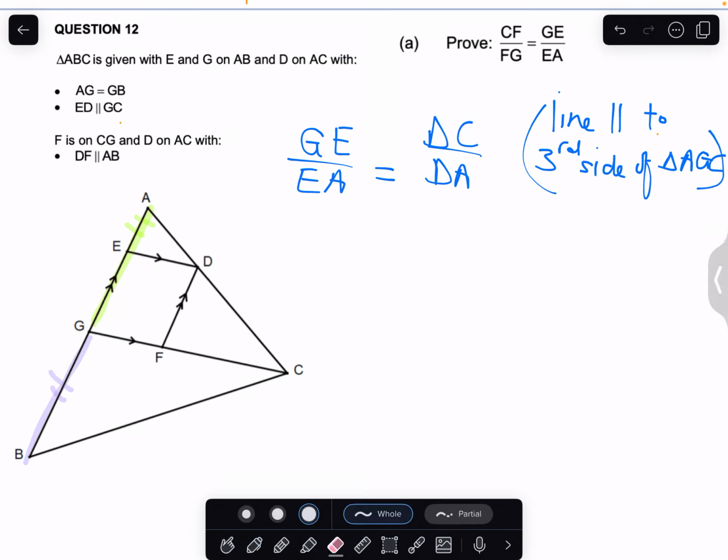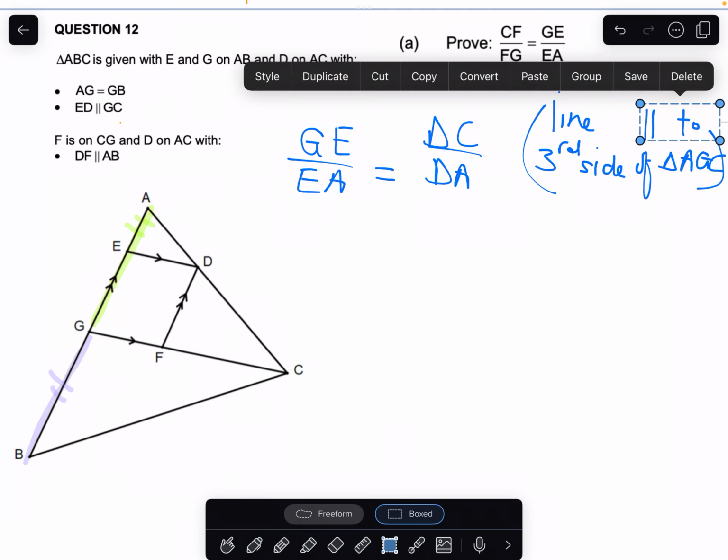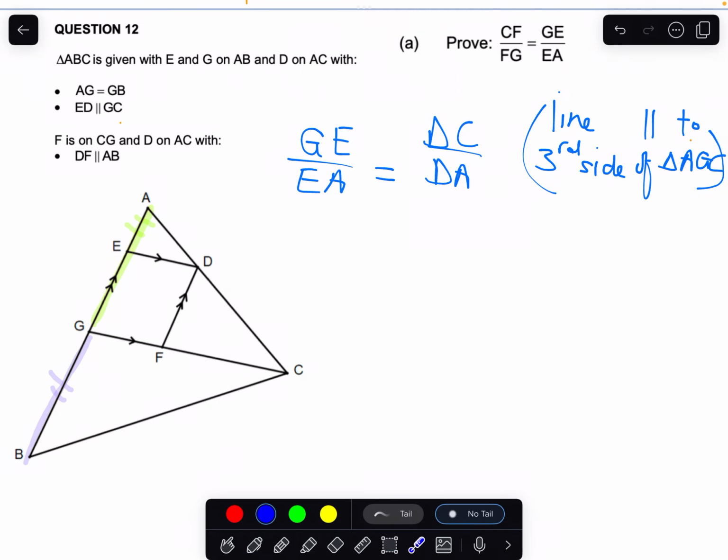Maybe let me name my line so that the examiner knows what I'm looking at. I'm looking at this line, it's going to split this side and this side in the same ratio. So that is line ED.